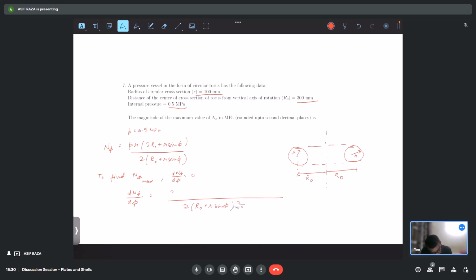Then the derivative of the numerator would be P R, 2 R0 would cancel, R would remain, R square cos phi, minus P R 2 R0 plus R sin phi multiplied with 2 R cos phi.